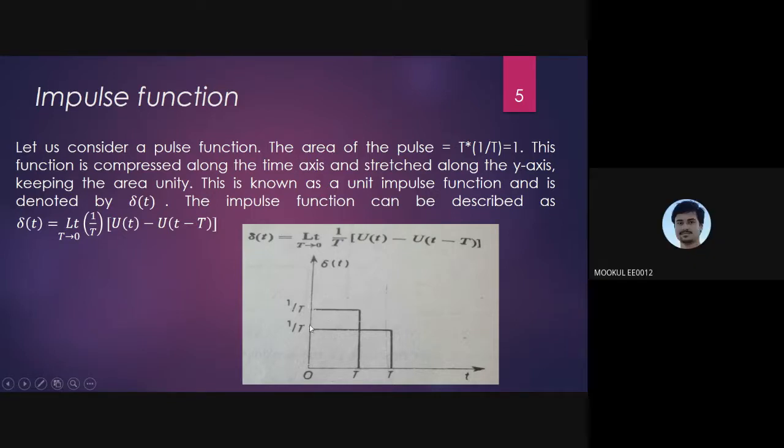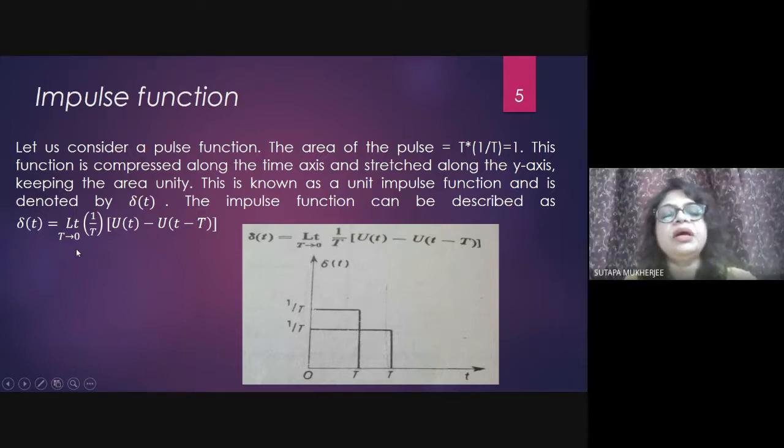Ma'am, as we know, in case of the step function, the equation is f(t) equals k u(t). Here k is the limit T tends to 0, 1 by T, and in this step function we need to subtract; the limit will come later on. First of all, explain the step function, that is 1 by T u(t).